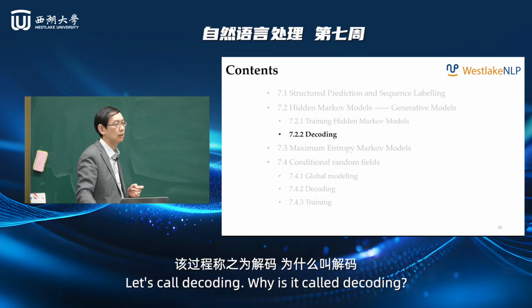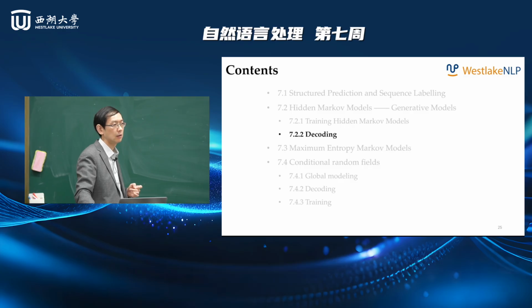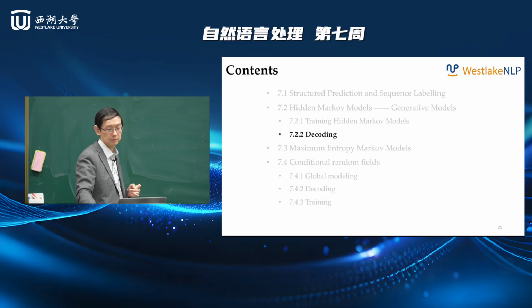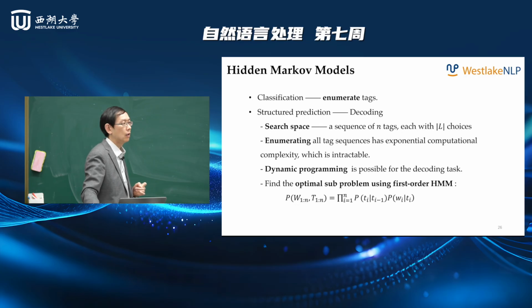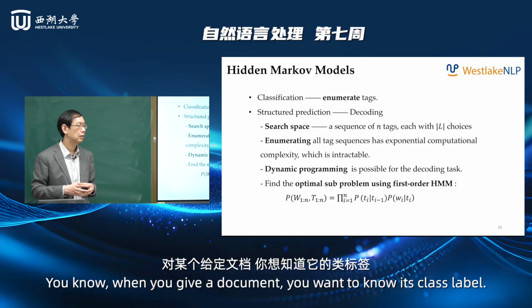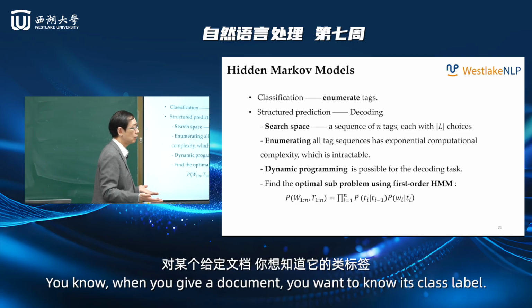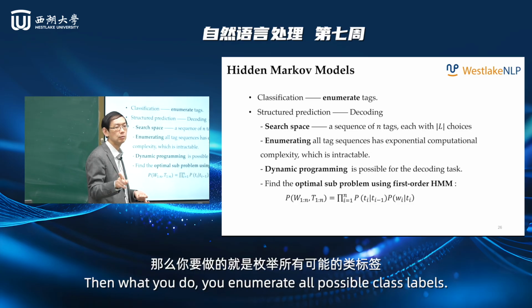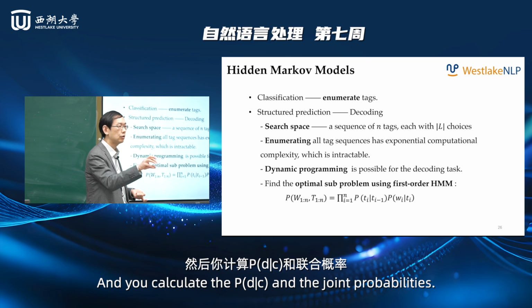Wait. Why is it called decoding? Isn't finding the most probable output trivial? That is trivial when we do the classification task. When you're given a document and you want to know its class label, you enumerate all possible class labels and calculate the joint probabilities.